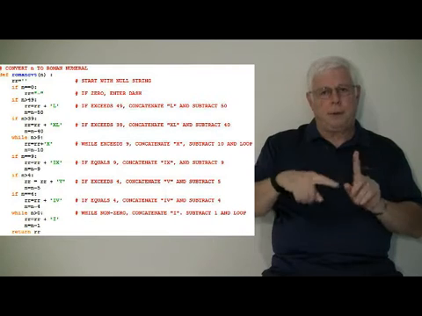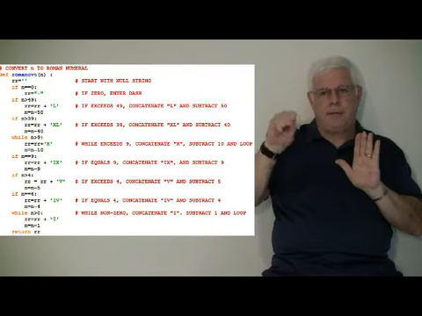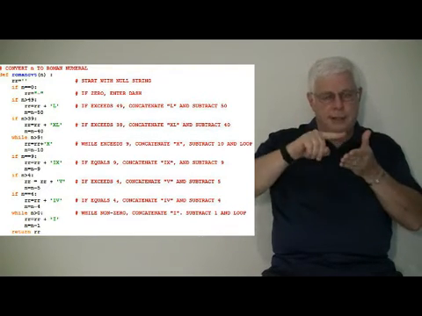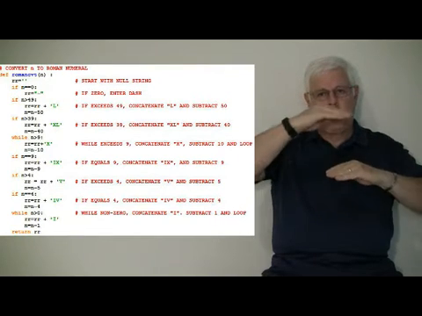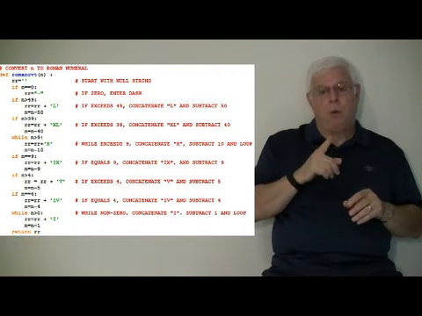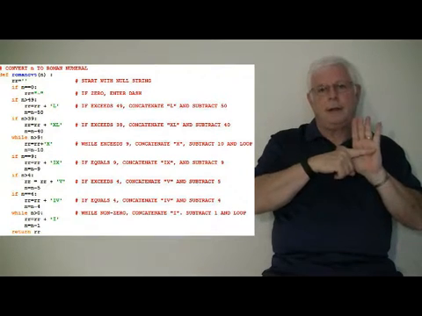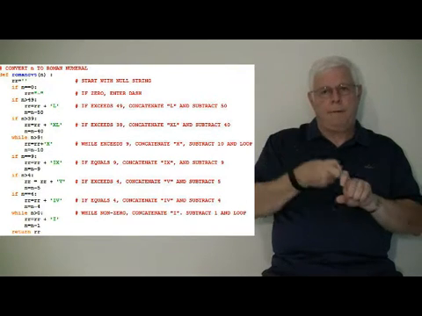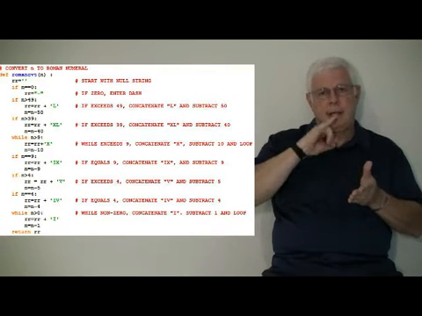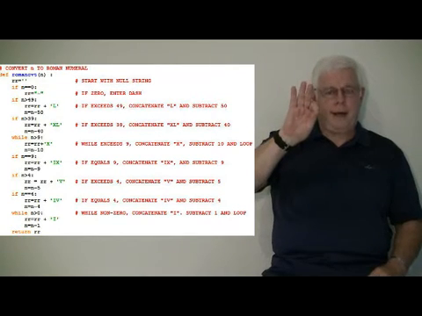If it is, then we're going to concatenate the letter L and subtract 50 from the number. Then we're going to check to see if the number is greater than 39. If that's the case, we're going to concatenate an XL and subtract 40 from the number. Then we're going to check to see if the number is greater than 9.